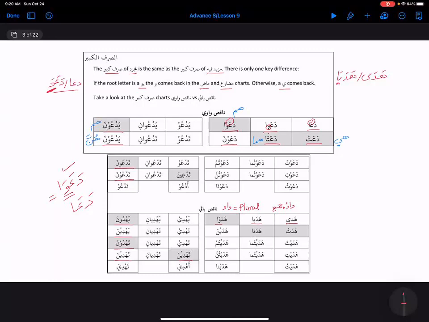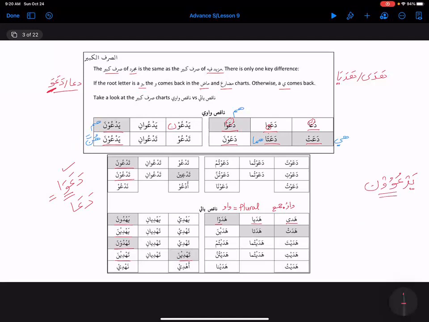Then yad'u, yad'uwani, and yad'una. Right, so at hum we are just adding noon, and basically it is supposed to be yad'uwuna, like yansuruna, right?